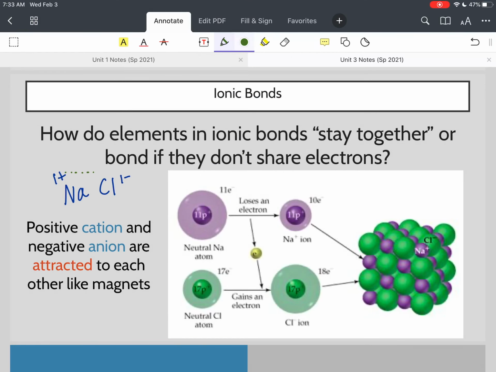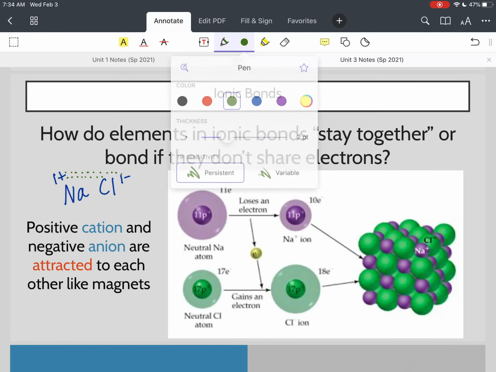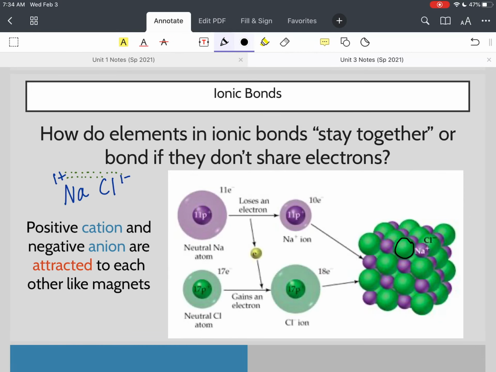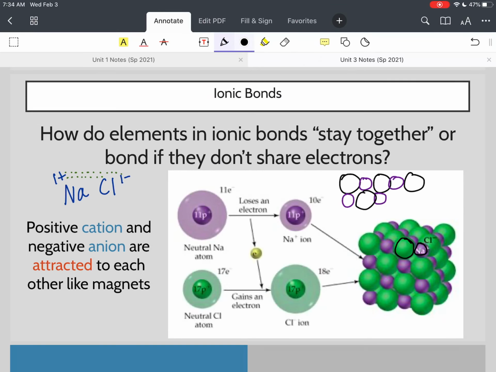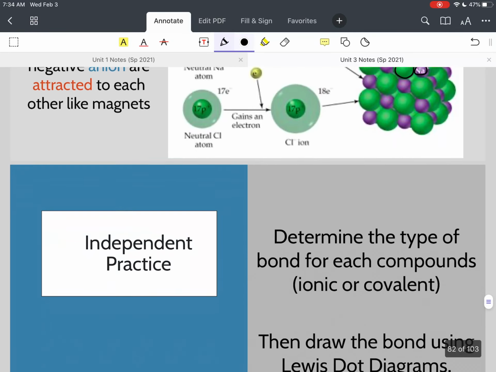And this is just like a magnet. There's an attraction between these ions because of that positive and negative charge. So we can see over here, they form this alternating structure. Here are my chlorines, and then my little sodiums are wedged in between, right? It's an alternating structure. Okay, so that's how they're attracted together. They stick just like magnets do.